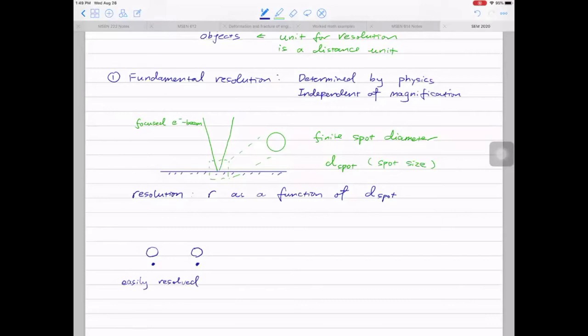Let's look at an extreme example. We have two features, and they are this much distance apart. Can we use the same electron beam spot to resolve these two? We cannot, because they are too close to each other. So not resolved.